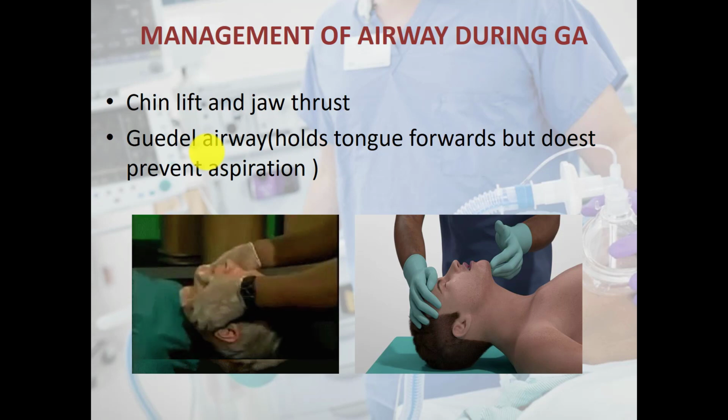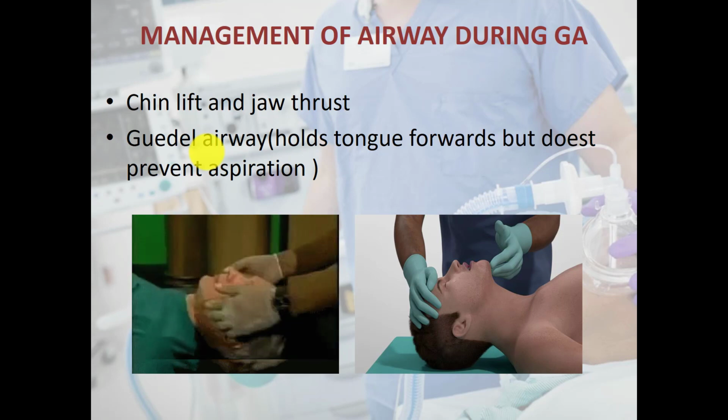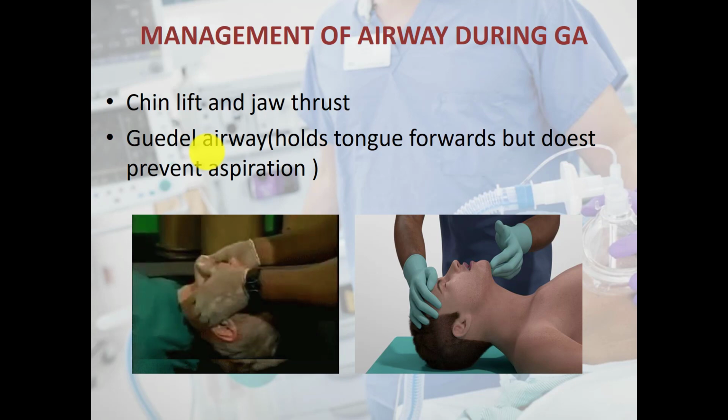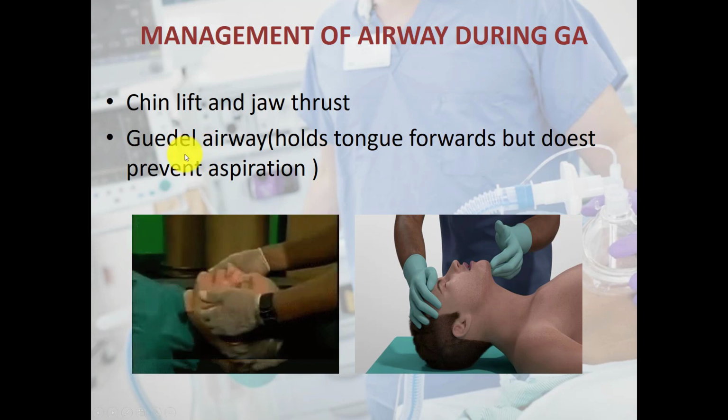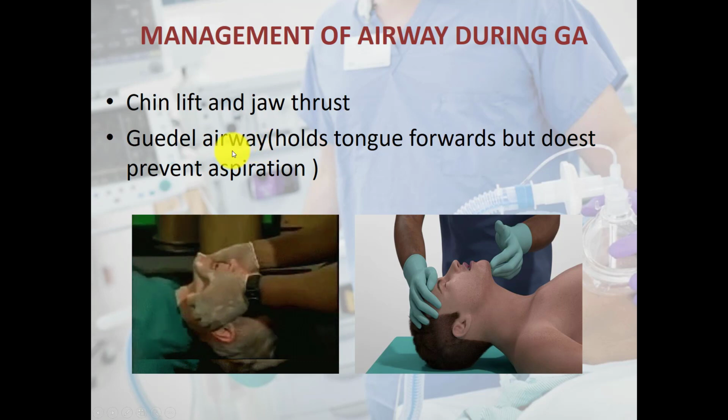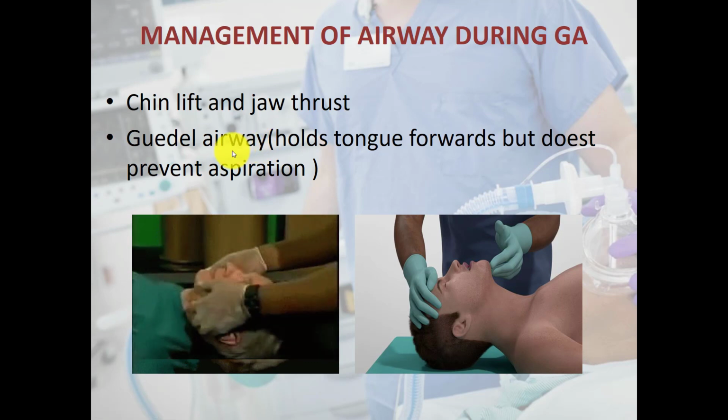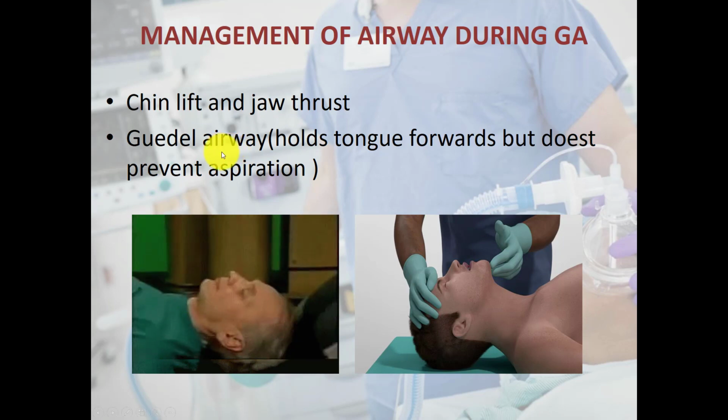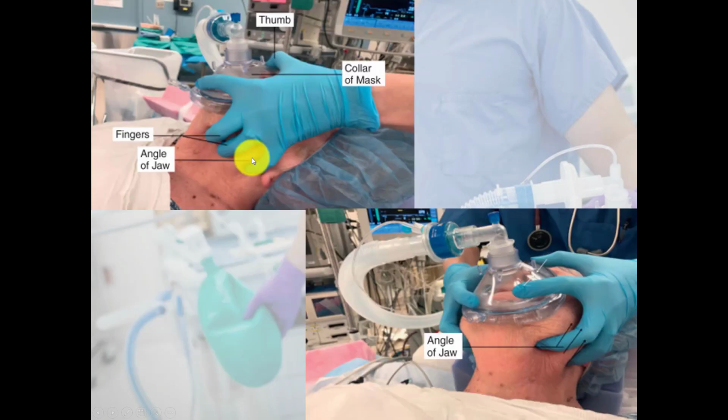But if it is of very short duration, we can use the Guedel airway for maintenance of the airway. And when the patient is coming out of anesthesia in the recovery room, you have seen the Guedel airway, because in that case also the patient is not able to hold his tongue. That's why we pass this Guedel airway. Here you can see how the anesthetist is holding the mask while maintaining the C and E position, so that he can maintain the airway by tilting the head and lifting the chin.